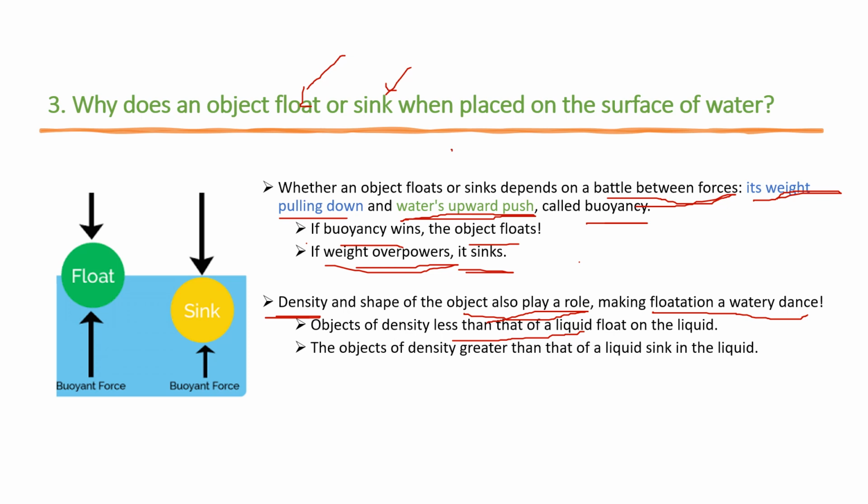If an object has a density lesser than the density of the liquid, the object floats. If the object has a density greater than that of the liquid, the object sinks. And of course the shape also matters, right? Many times shapes distribute the thrust effectively and make the pulling down force lesser. These are a couple of ways to answer it.